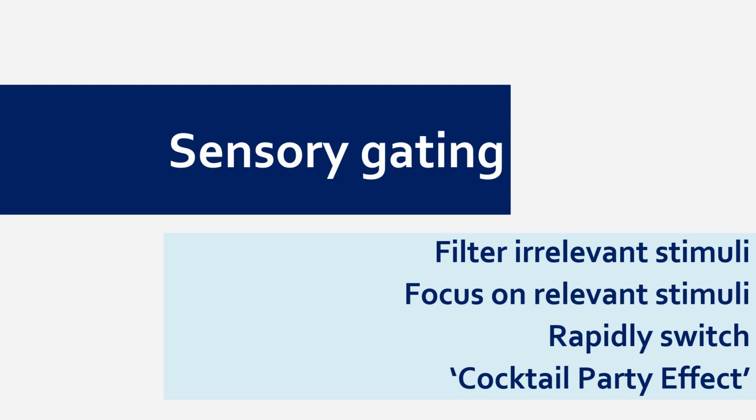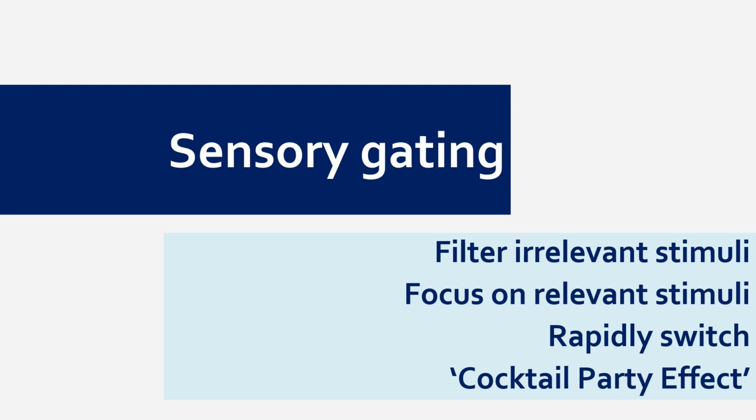You're able to switch rapidly to pay attention to what is being said on the other side of the room. You may then find it difficult to focus on the conversation in front of you, but you are able nevertheless to rapidly switch back and forth between those two conversations. What this illustrates is that while you were initially focusing on the conversation in front of you, you were nevertheless, in a sort of unconscious way, paying attention to the other conversations happening elsewhere in the room.